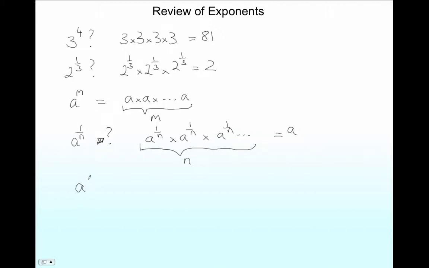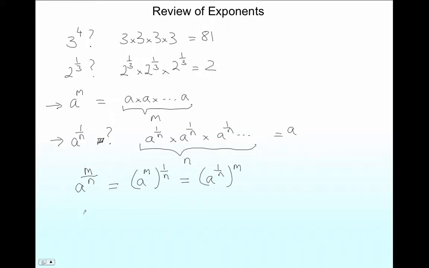So what if I had something like a to the power m divided by n? Well, this means a to the power m, to the power 1 over n, or equally, it is a to the 1 over n multiplied by itself m times. And so this is the way to extend the understanding that we had over here and over here.